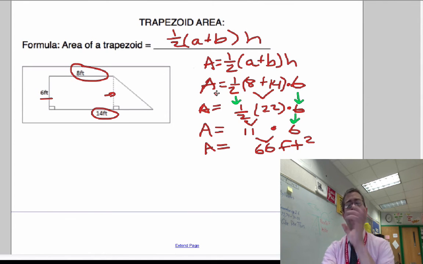Then we simplify using PEMDAS, parentheses first, and then simplify by multiplying one at a time. So we got 1/2 times 22, we got 11 times 6. And we end up with our area of 66 feet squared. So our formula for the area of a trapezoid is 1/2 times the quantity A plus B times your height.